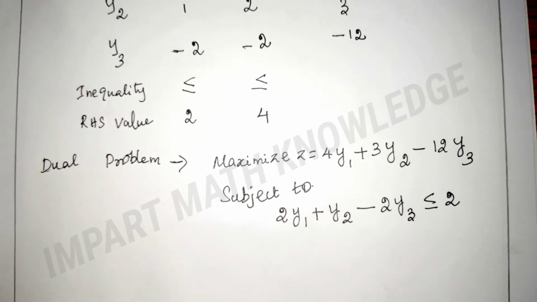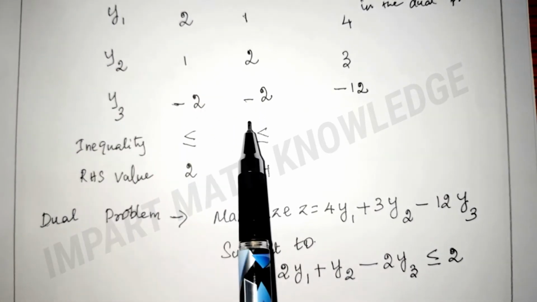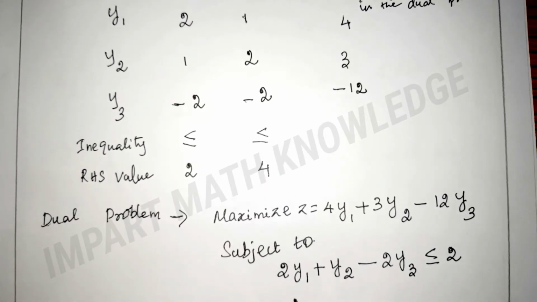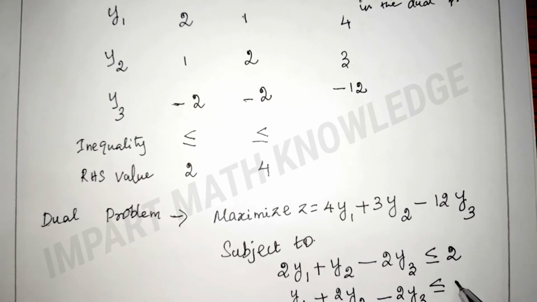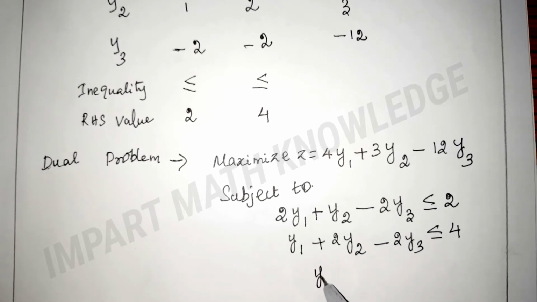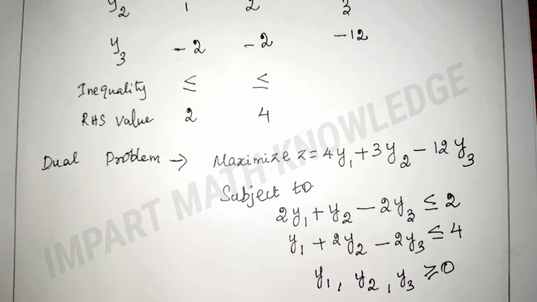The second condition is 1y1 + 2y2 minus 2y3 ≤ 4, that is y1 + 2y2 minus 2y3 ≤ 4. Finally, you have to write the non-negativity condition: y1, y2, y3 ≥ 0.